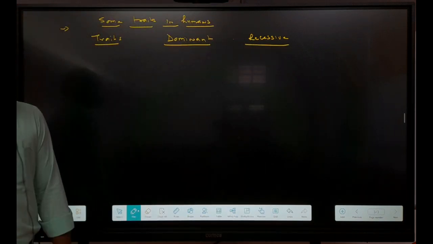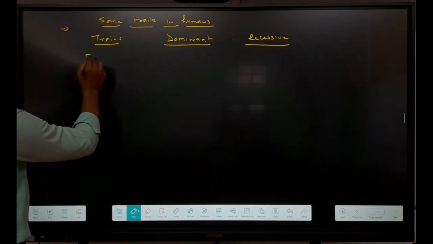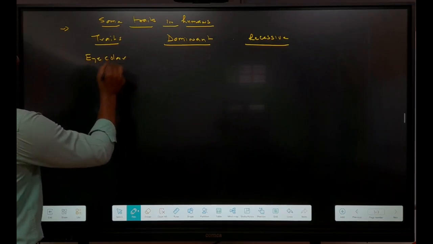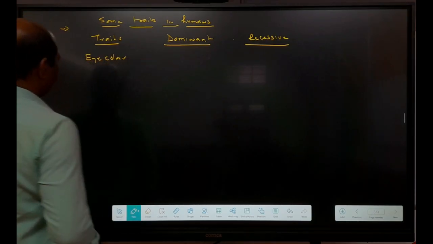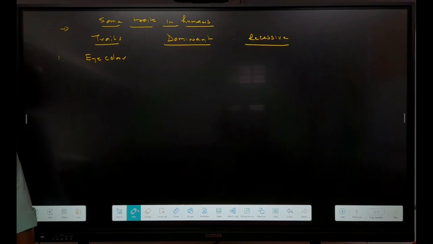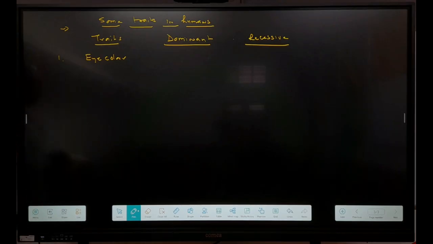Which traits? First we see eye color. How many traits are there? First I write here what the traits are. Eye color, right? Second we have eye size.